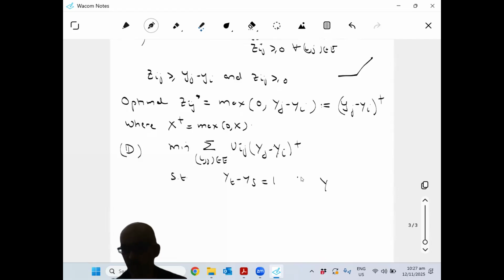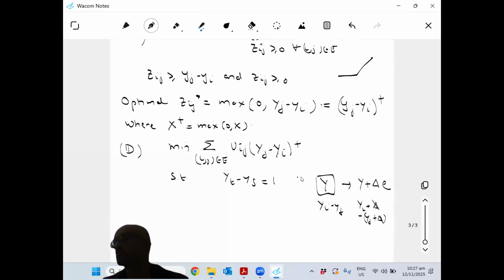If I take a solution y and transform it to y plus a constant delta times e, where e is a vector of all ones, the difference between any two coordinates will be the same: yi minus yj becomes yi plus delta minus yj minus delta. So without loss of generality, we can set one of the variables to be fixed.